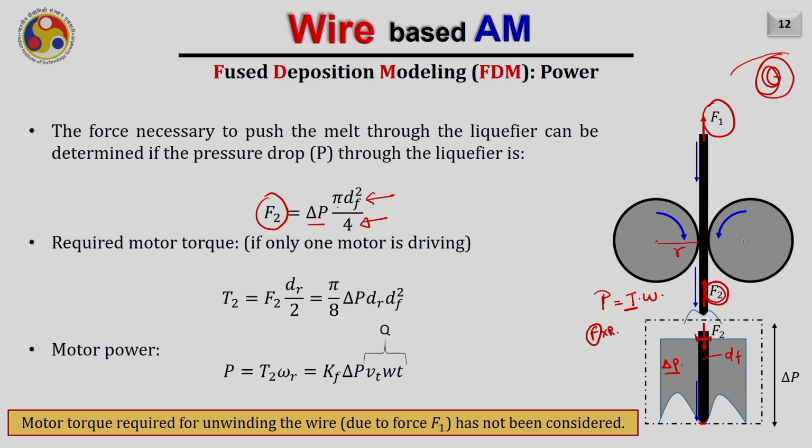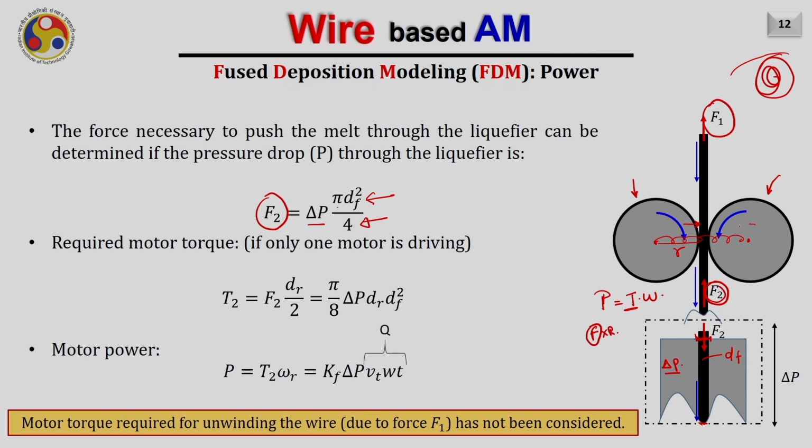Now, assume that only one of these motors is running. Assume that this motor is not running, but is just acting as an idler. So, this is the driver and this is just the idler, and they are definitely connected with some spring to apply appropriate force against the wire.